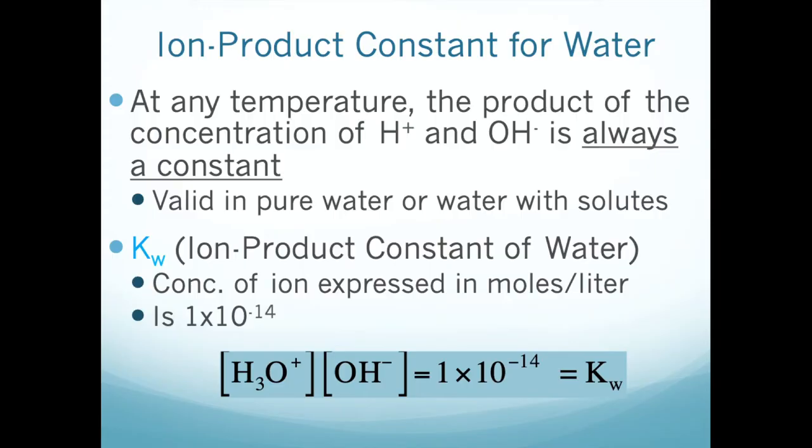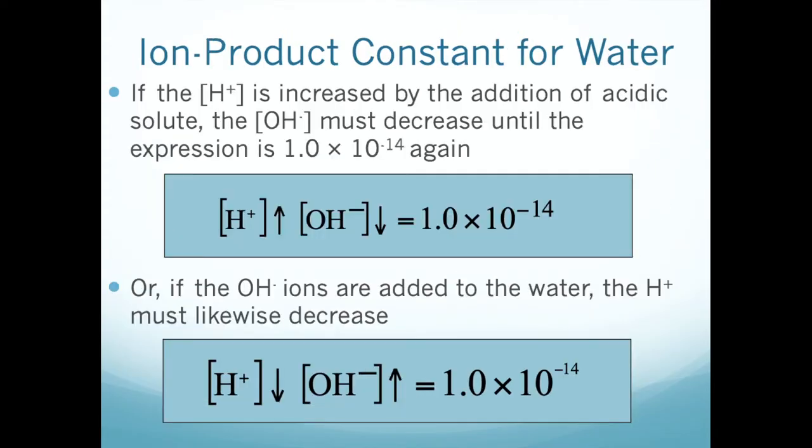It's kind of like Le Chatelier's principle in play. Okay, so if you have an acid present, and an acid increases the concentration of H+, what will happen is the concentration of OH- will decrease in that equilibrium that we see from the autoionization of water. And in doing so, it'll keep that Kw at 1 times 10 to the -14. Likewise, if you add a strong base, your concentration of hydroxide will go up, your concentration of H+ will decrease to compensate for it, and your Kw will still stay 1 times 10 to the -14.